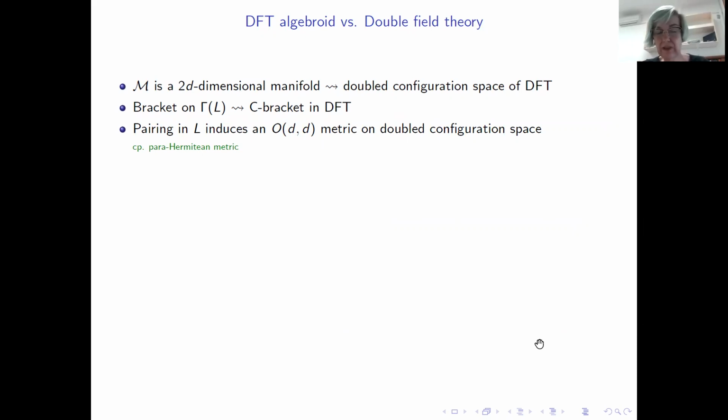This is the important observation we somehow didn't find very important in our original paper: actually the pairing in the bundle, the one I introduced in the definition of DFT algebroid, actually induces an O(D,D) metric or pairing in the configuration space.